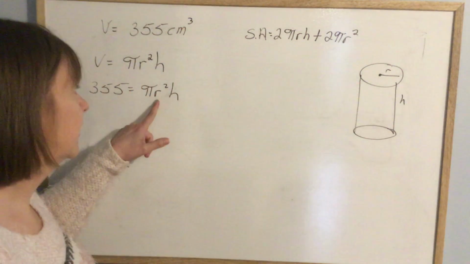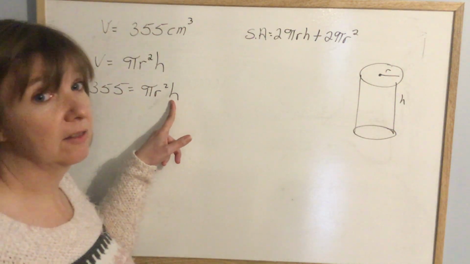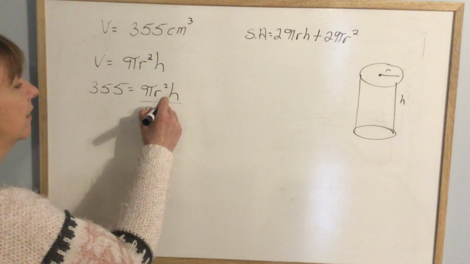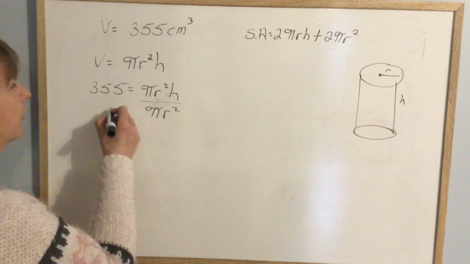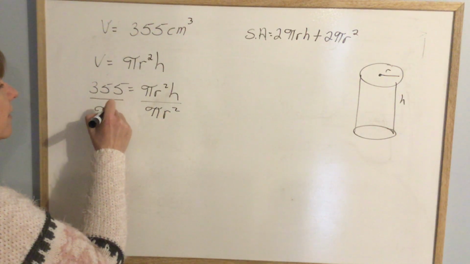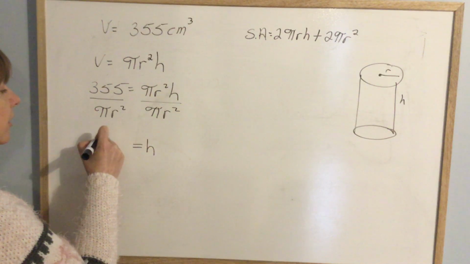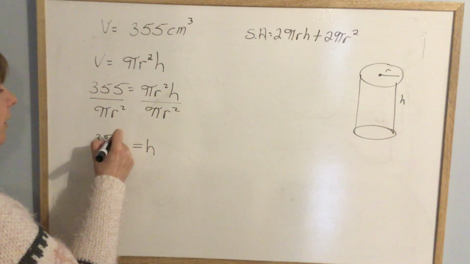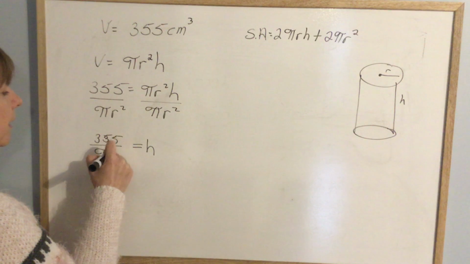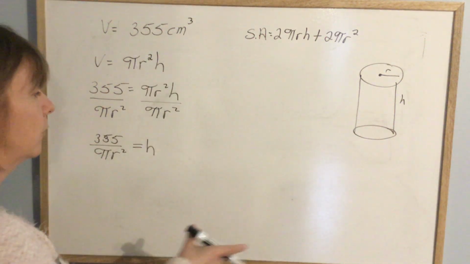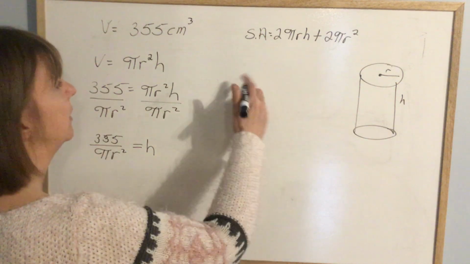So rather than isolate the thing that is squared, I'm going to isolate the thing that's not squared. Because to do that, all I have to do is divide this side by pi r squared, which means I divide this side by pi r squared. So h is 355 over pi r squared. So what I'm going to do now is I'm going to substitute that information into here.